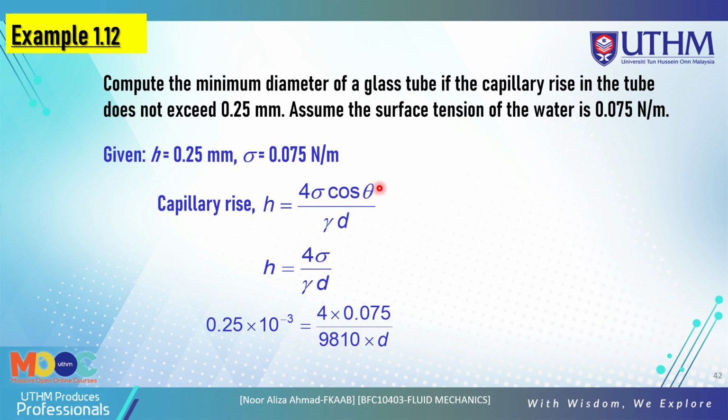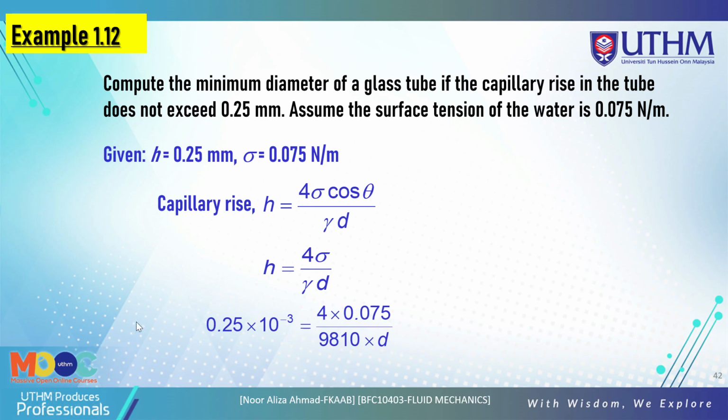The cos theta, with theta equal to 0 degrees, is equal to 1. So that's 4 times the surface tension, which is 0.075, and cos theta is 1.